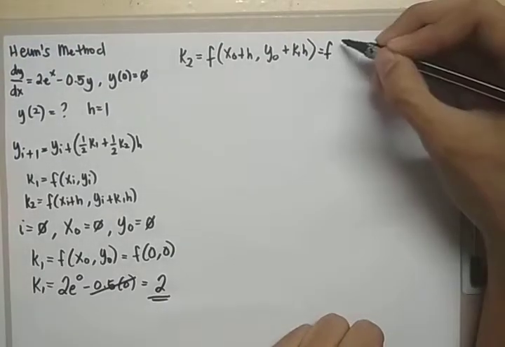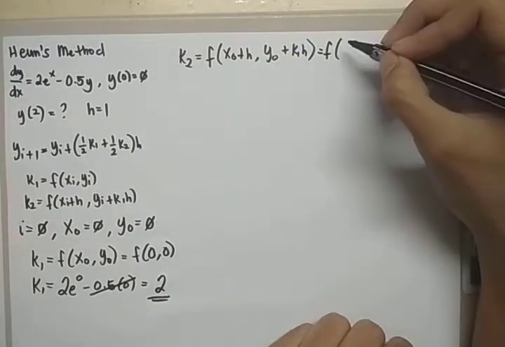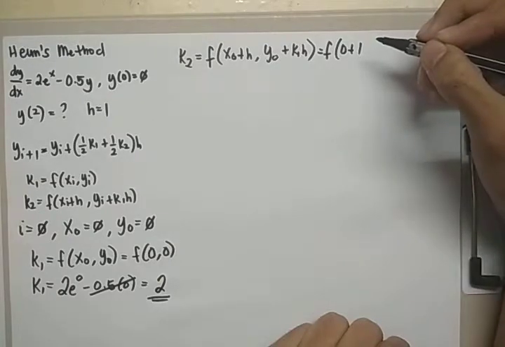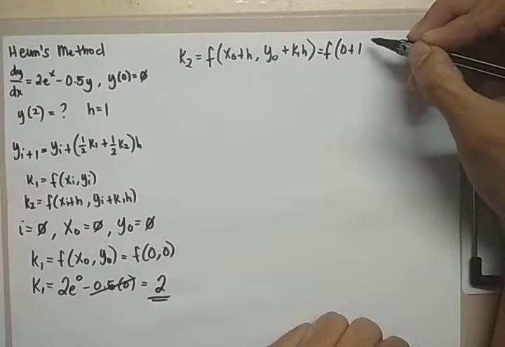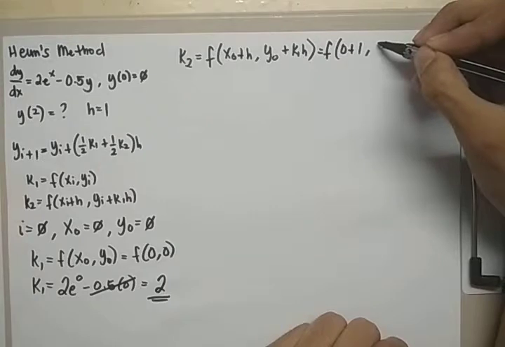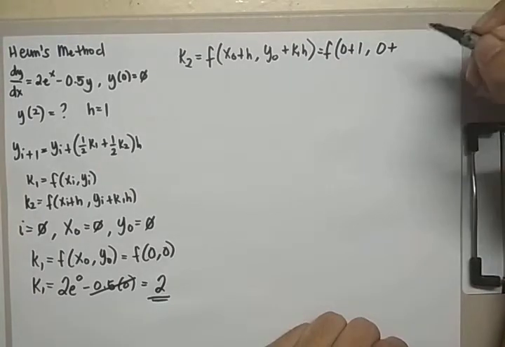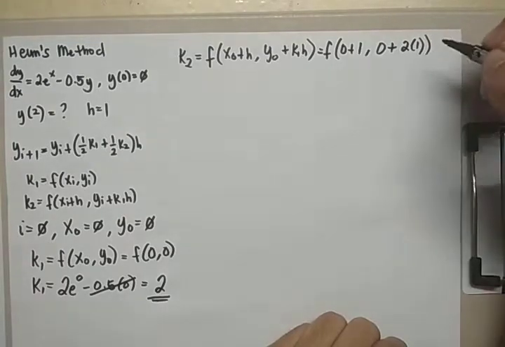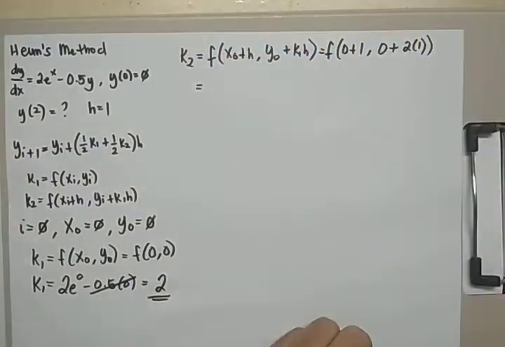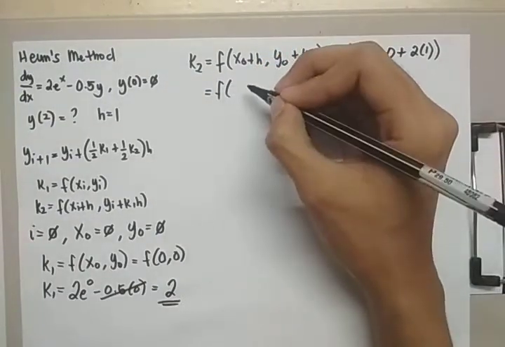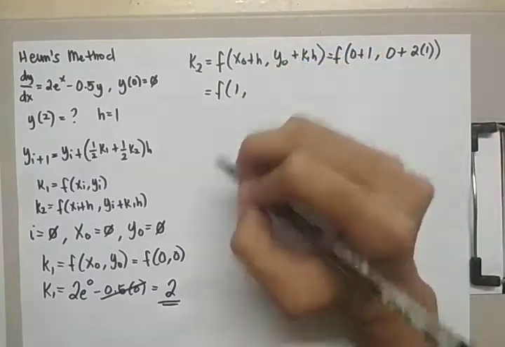We have the function of 0 plus 1, and 0 plus k sub 1, which is 2, multiplied by 1, so we have the function of 1 and 2.